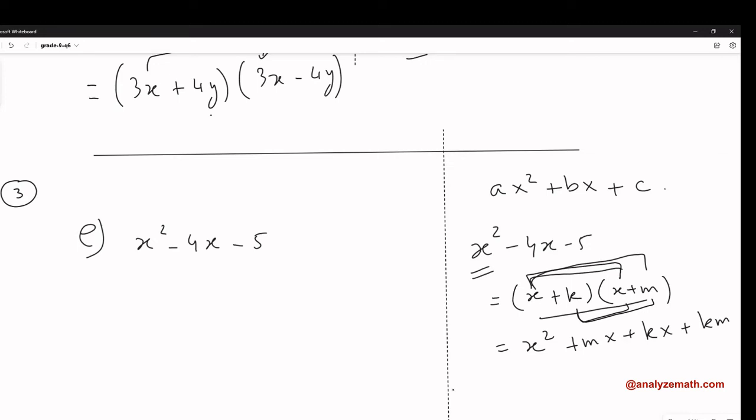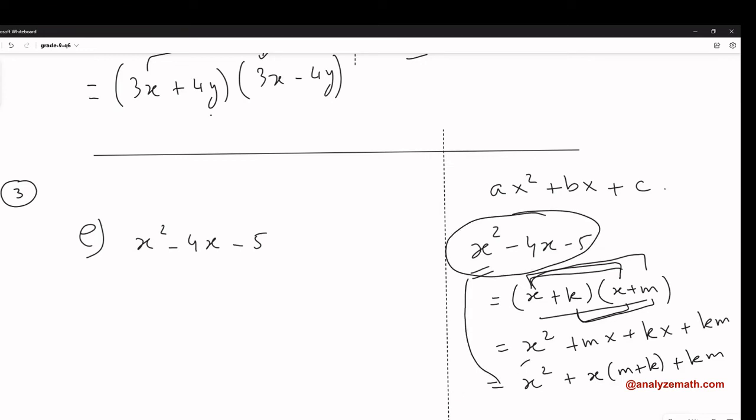Good. Now let's do one more thing here. Let's factor the x outside. So that will be x(m + k) + km. So we want this polynomial to be equal to this.